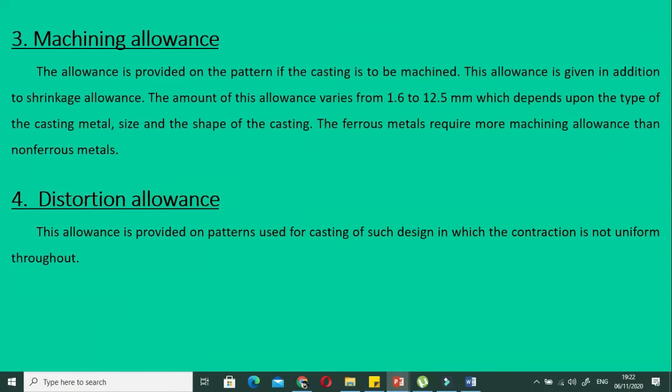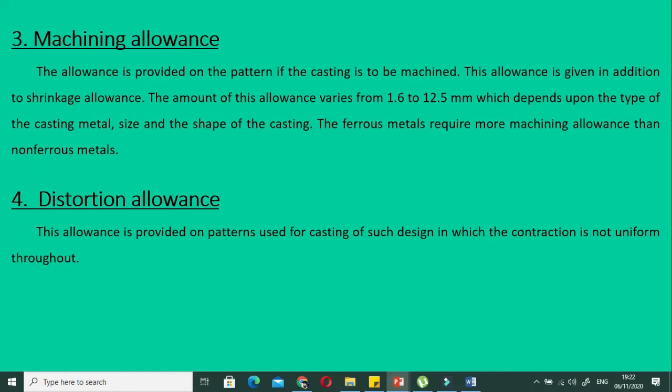Then we have another type of allowance, that is the machining allowance. We have discussed different types of casting processes, and many casting techniques do not give us very good dimensional accuracy. We have studied this as one of the disadvantages of the casting process. Owing to this poor dimensional accuracy, we need to take into account the machining allowance.